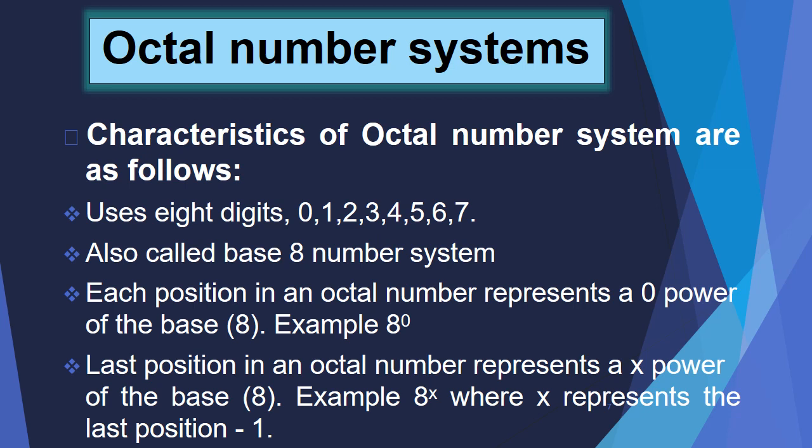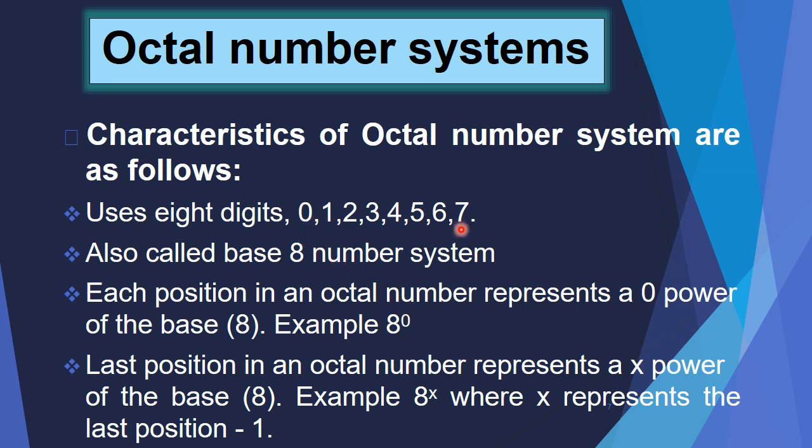The other numbers in the octal number system are formed by combining two or more digits, like 15, a combination of what? 1 and 5. For example, 107 is a combination of these digits only: 1, 0 and 7.